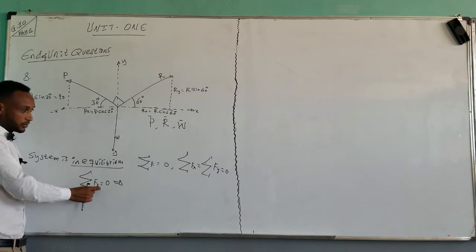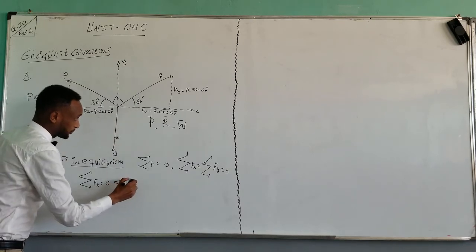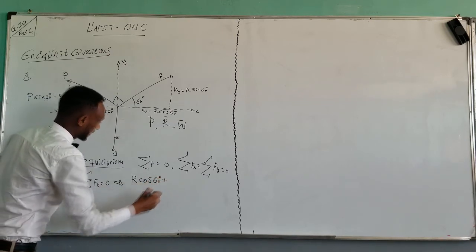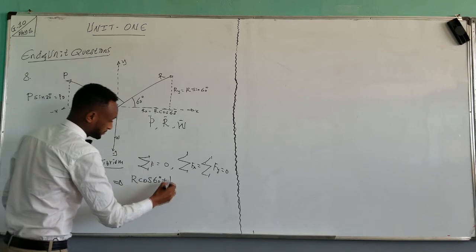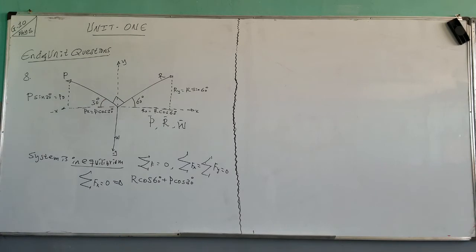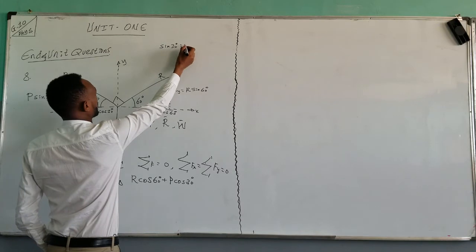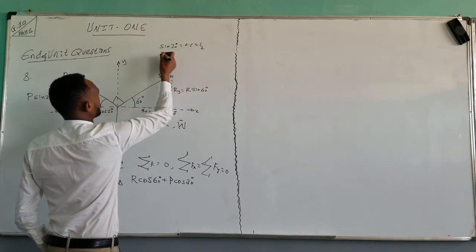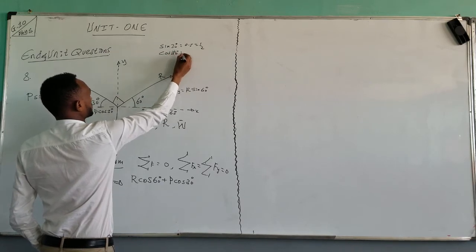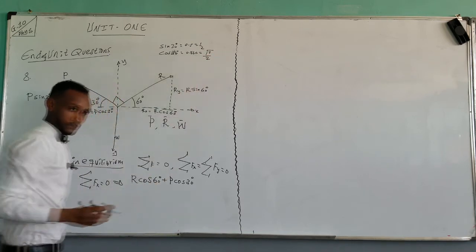If you take the horizontal components for the two vectors, you have R cos 60 degrees plus P cos 30 degrees. We know that the value of sine of 30 degrees is equal to half, or 1/2, and cosine of 30 degrees is 0.866, or root 3 over 2.